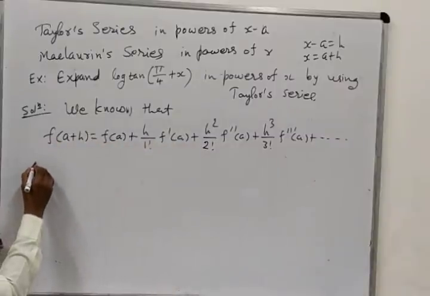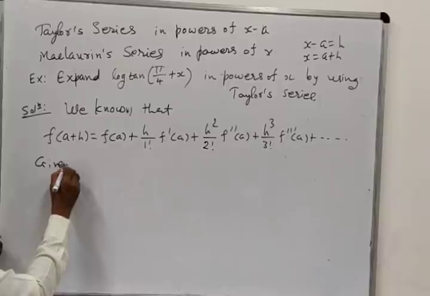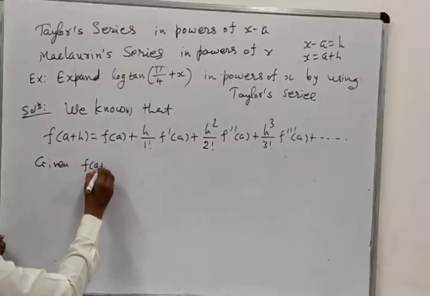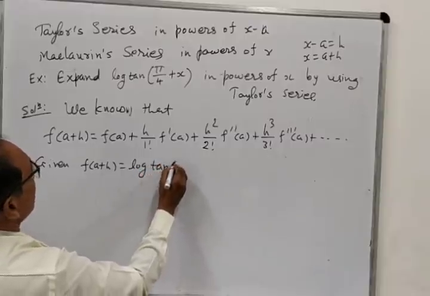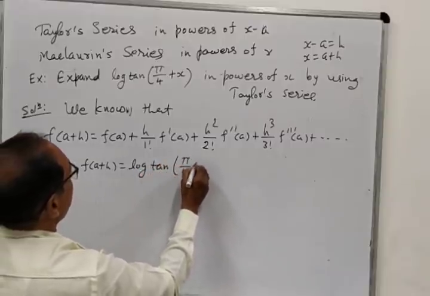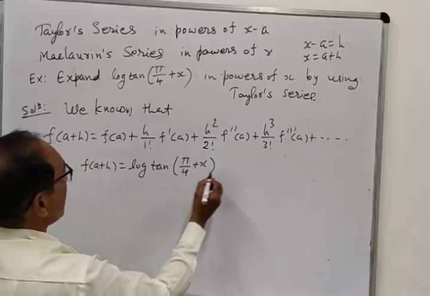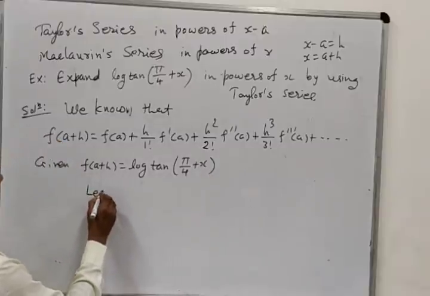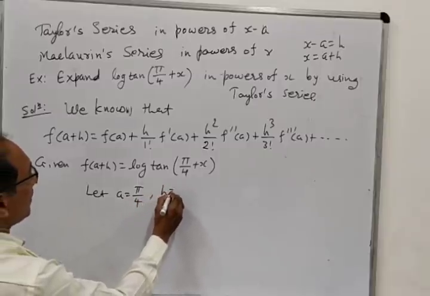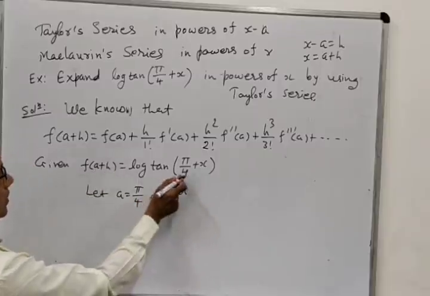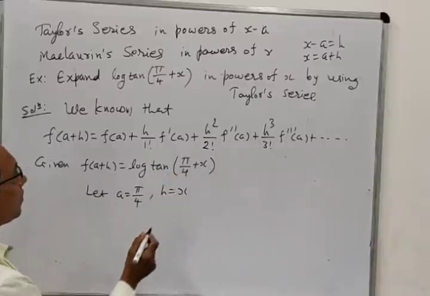Now what is given to us? We are given f of a plus h, because this function is in the form of a plus h, so pi by 4 plus h. So here we will assume that a equal to pi by 4, and we will take h equal to x.